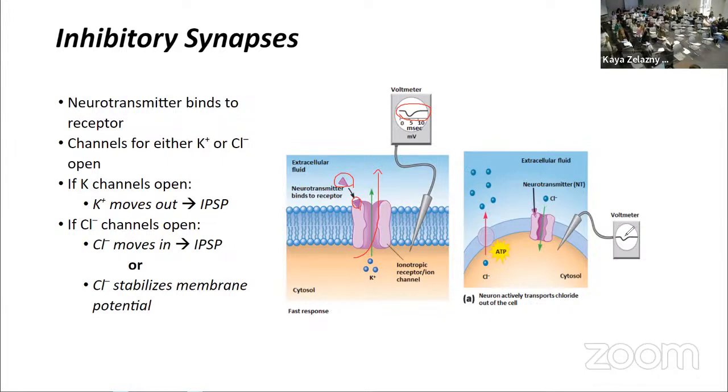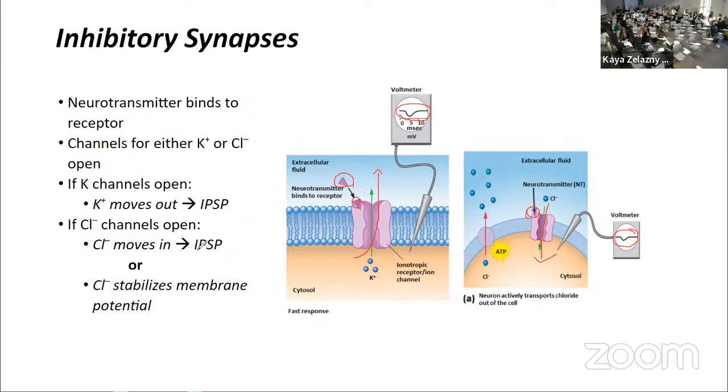Here on the right, we are again looking at inhibition, right? So here we see a complicated system going on with the chloride ions. There are chloride pumps existing in a bunch of your cells, but we're going to focus here on this image of that neurotransmitter binding in, allowing chloride ions, negative ions, to enter this cell specifically.